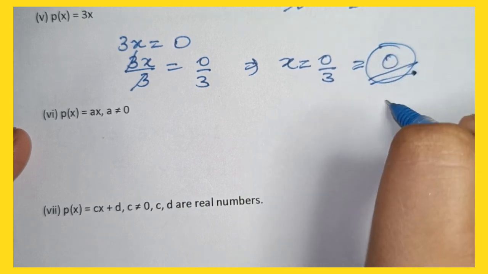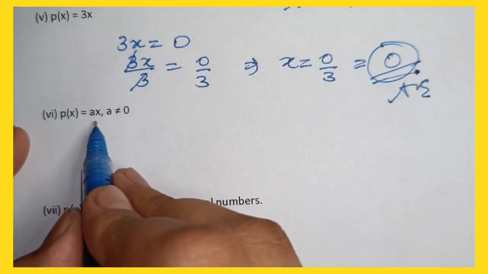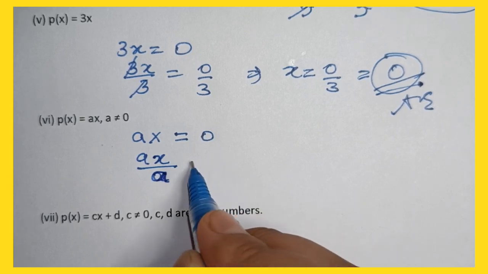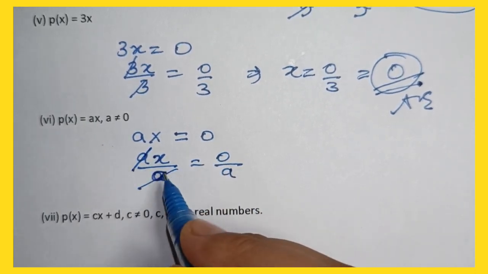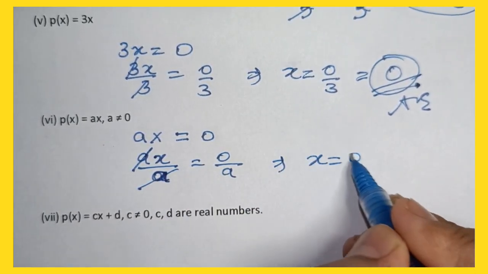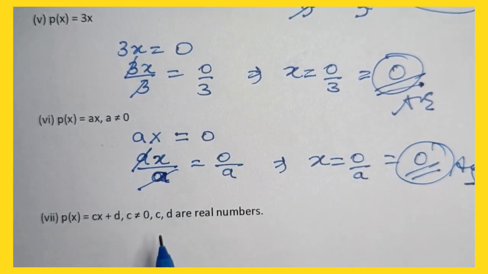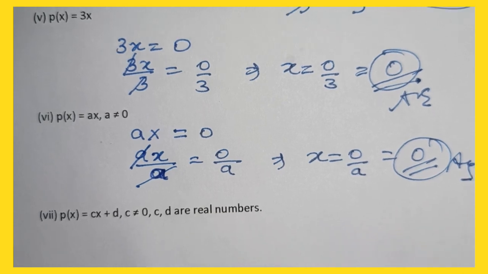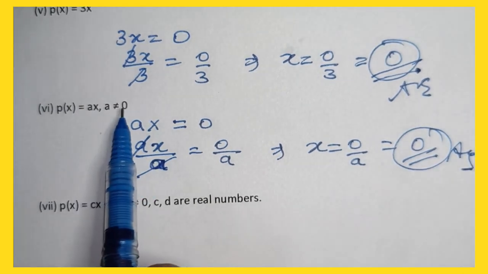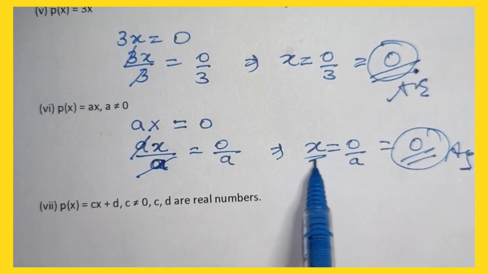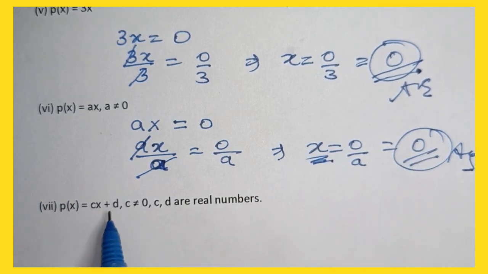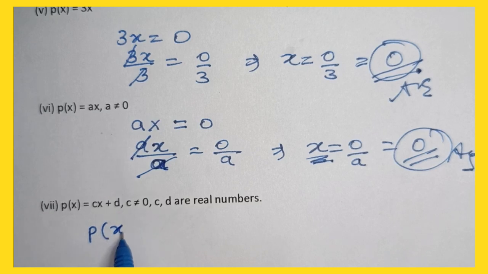So at the place of your variable x, when you put 0, your whole polynomial becomes 0 only. Now moving to your sixth question. Same here, you have to do the same thing. Here also you will get x is equal to 0 only. After dividing by a on both sides, you will get x is equal to 0 upon a, and that is 0. So this will be your answer.